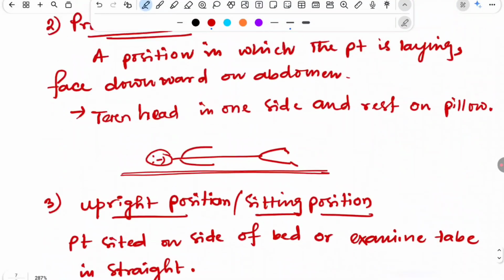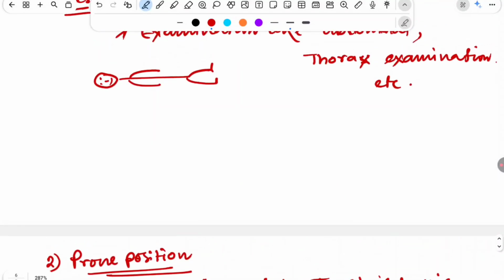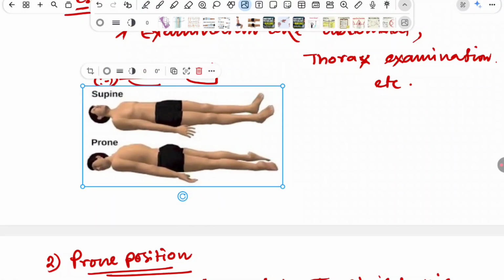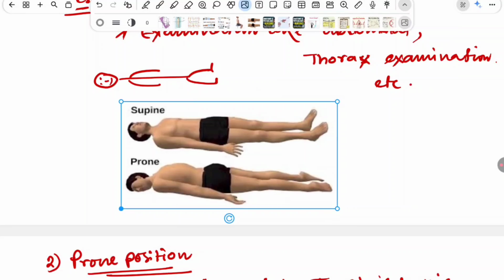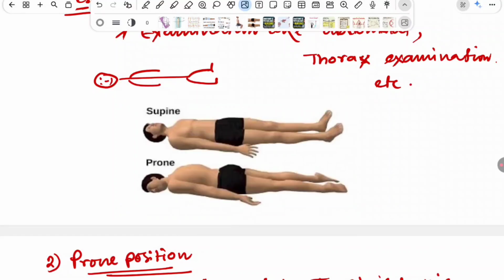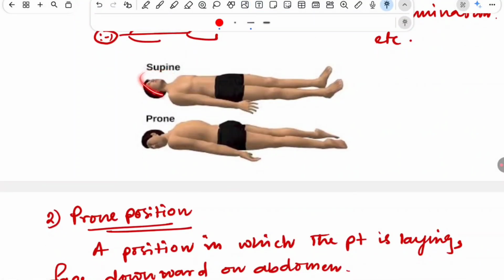And for prone position and supine position also I am having a picture. I will show you, just a minute. See, here you can see supine position and prone position. Where is the face?